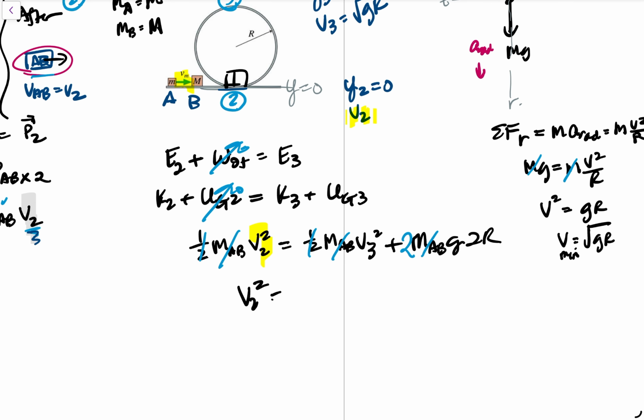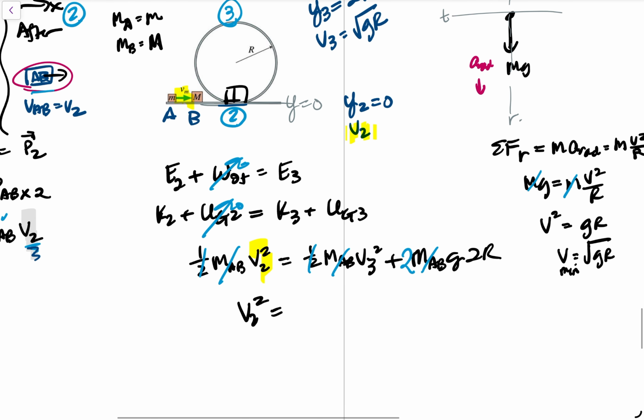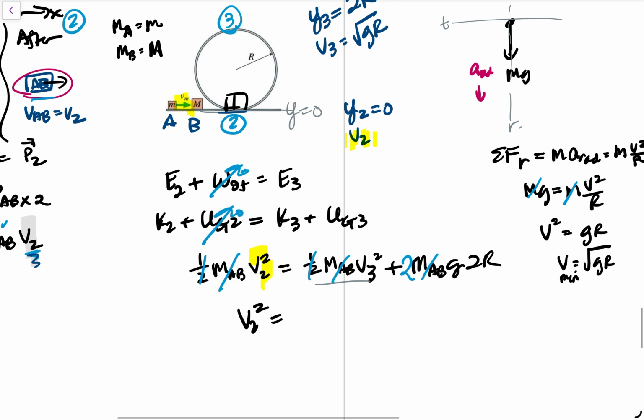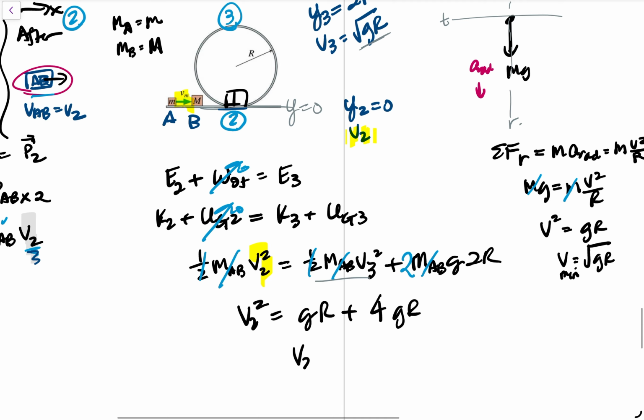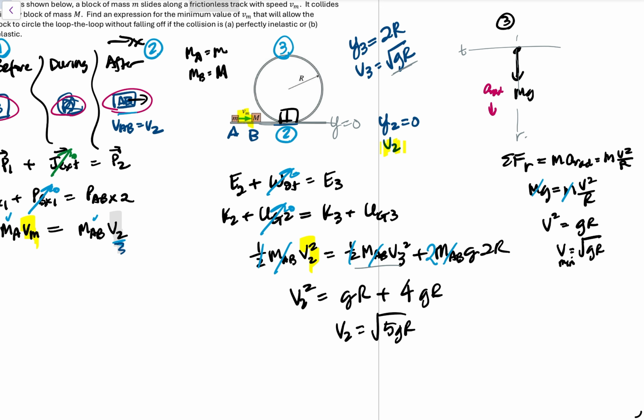V2 squared is now equal to just a V3 squared, and our V3 was this guy. So this is just g times R, plus here I've got a 2 times a 2, which is 4gR. And so V2 squared is equal to 5gR. I'll just actually solve for V2. V2 is equal to the square root of 5gR. Okay, we're getting close to the end.